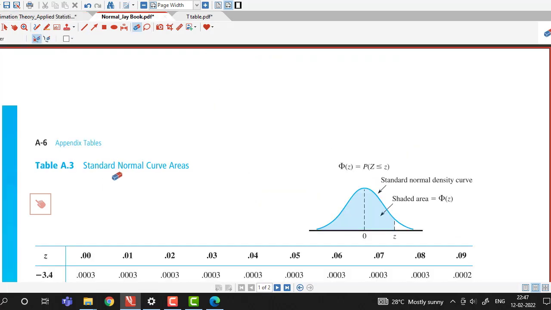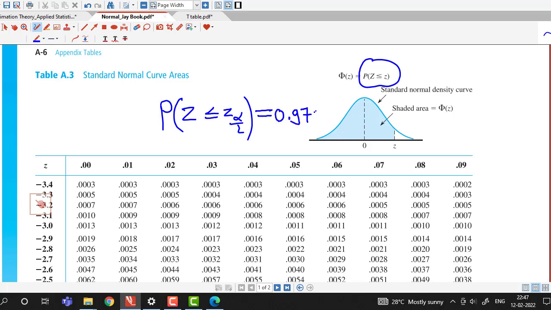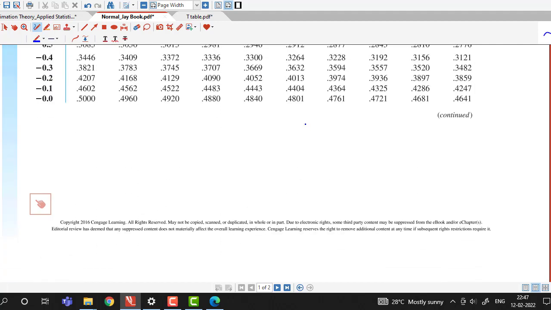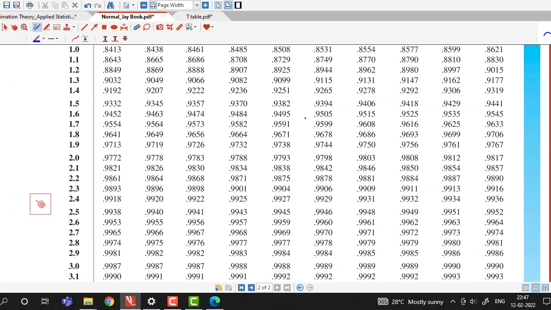For that we use the cumulative standard normal probability table, whose values are cumulative probabilities, and we have the probability that Z is less than or equal to z alpha by 2 is 0.975. So we search for 0.975 in the table, looking carefully.